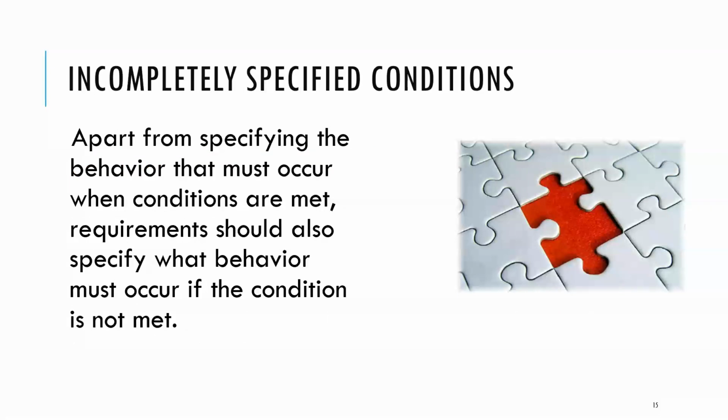Then, incompletely specified conditions. Stakeholders tend to tell the positive condition most of the time, but they do not tell us what happens when the condition is not met. So, as a BA, we must find out what happens in the positive scenario and what happens in the negative scenario as well.